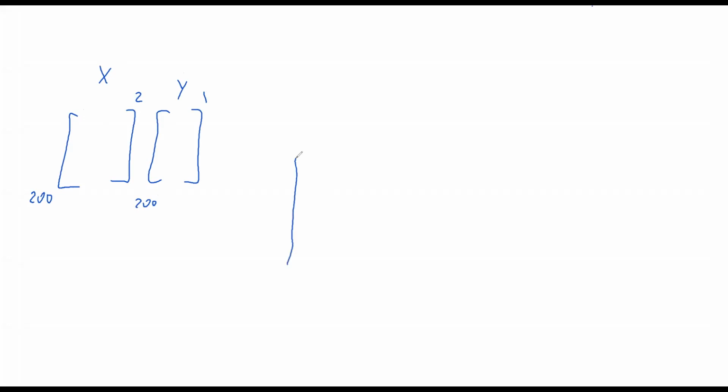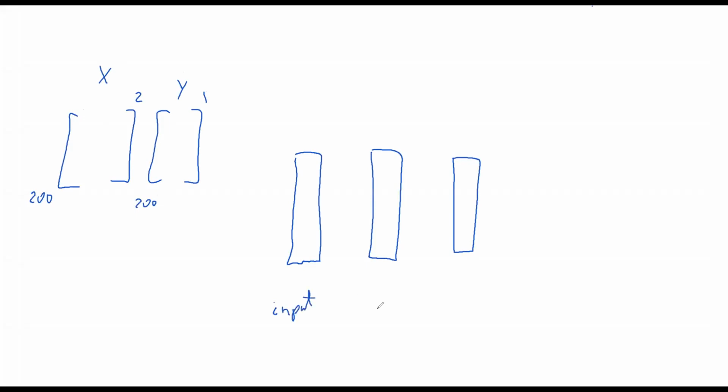So the multi-layer perceptron had basically 3 layers, right? It had the input, it had the hidden layer, and it had the output. Okay, so it had these 3.